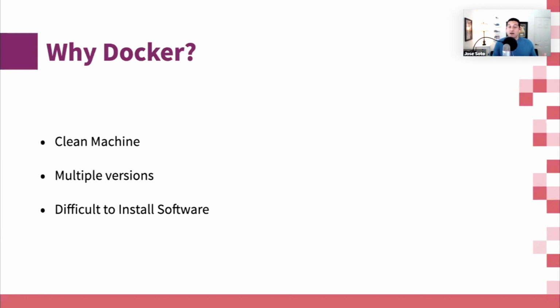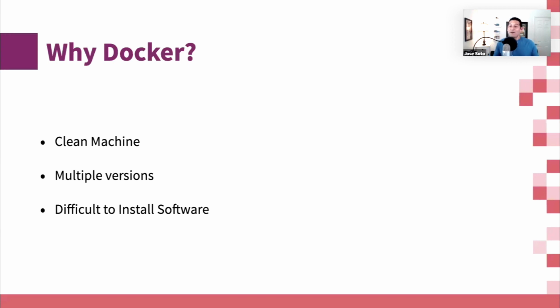So why use Docker to host these application dependencies? Well, first of all, it keeps my machine nice and clean. I don't have to worry about installing services, installing binaries on my machine, modifying configuration files on my machine. It's all containerized within these containers, completely separate from my machine. Also, things like multiple versions.